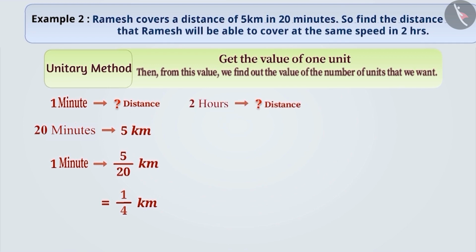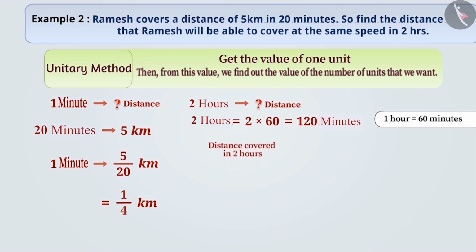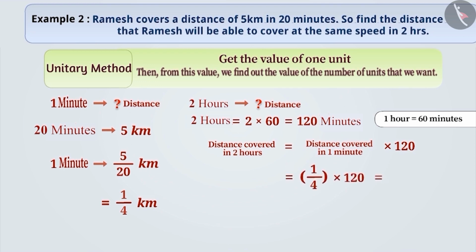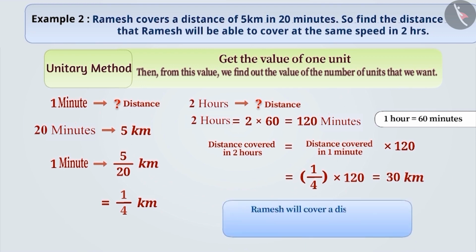Now 2 hours is equal to 2 into 60, which is equal to 120 minutes. So the distance covered in 2 hours is equal to distance covered in 1 minute, that is 1/4, into 120 minutes, which is equal to 30 kilometers. Therefore, Ramesh covers a distance of 30 kilometers in 120 minutes or 2 hours.